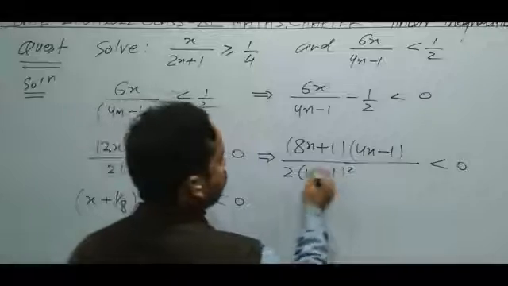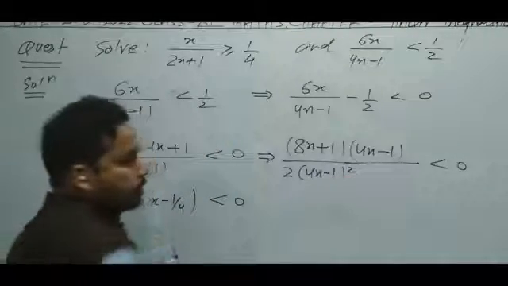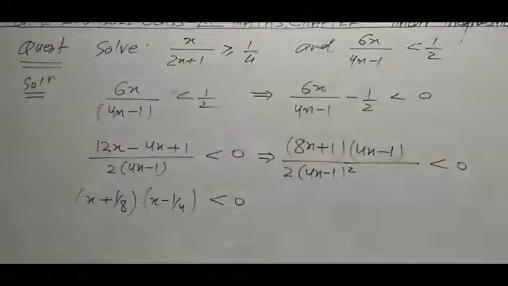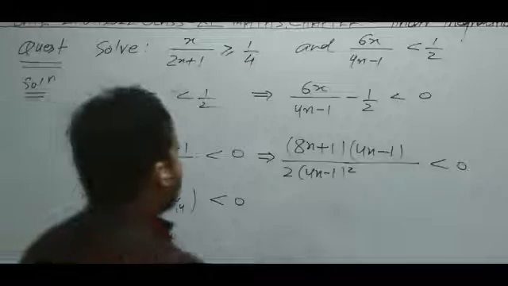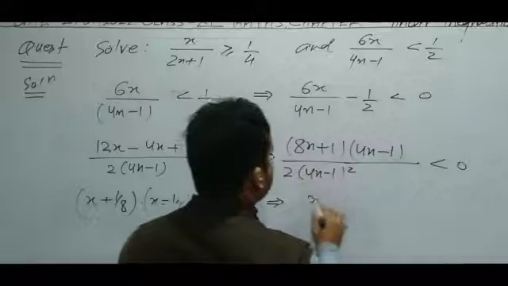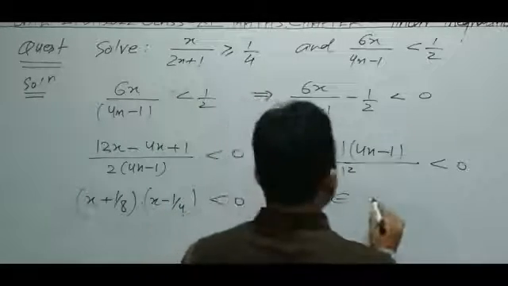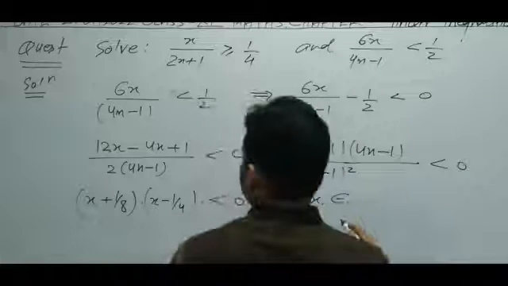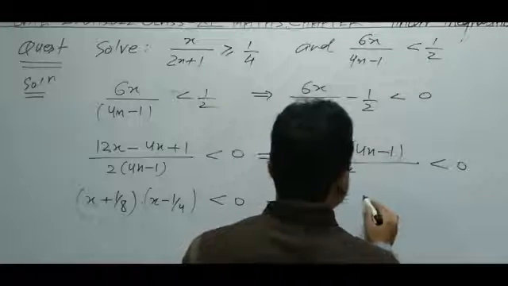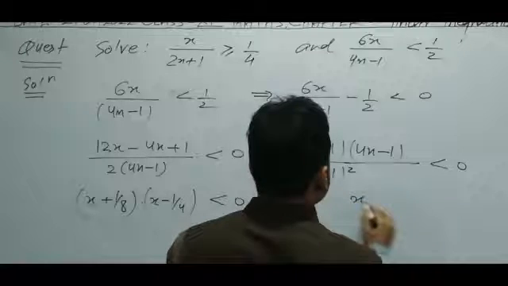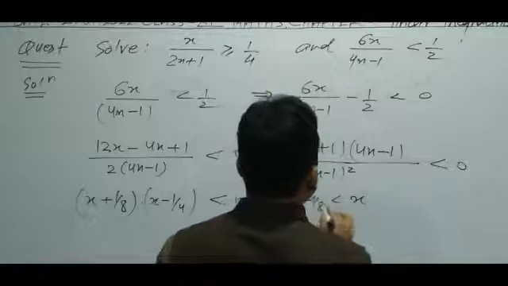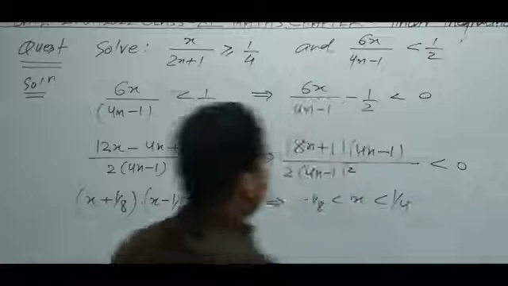This quantity is greater than 0, so the numerator will be lesser than 0. Now what can we write? x is more than minus 1 by 8 and lesser than 1 by 4. This implies x is greater than minus 1 by 8 and less than 1 by 4.